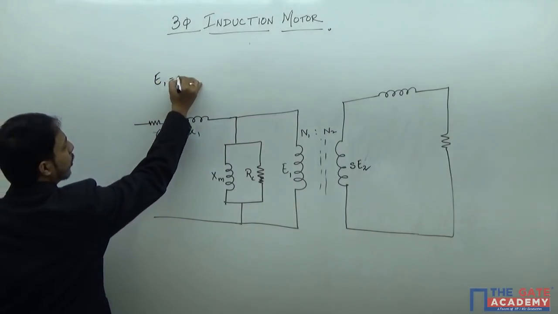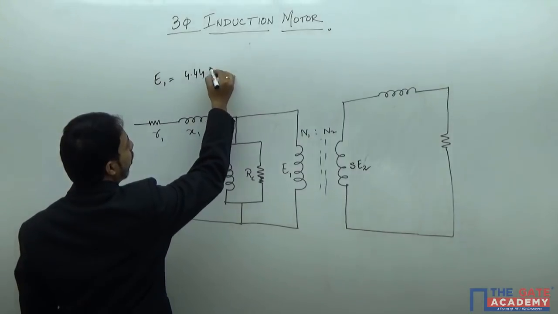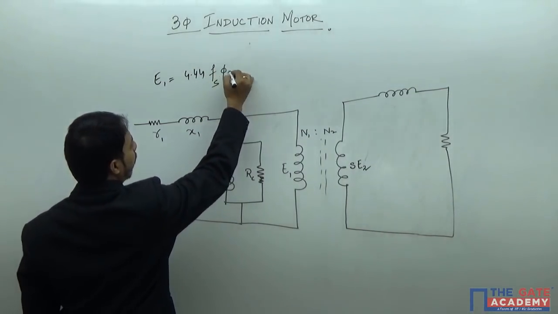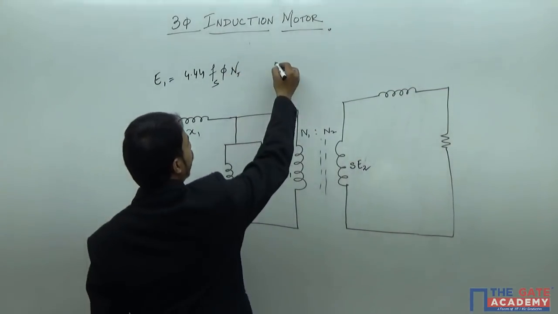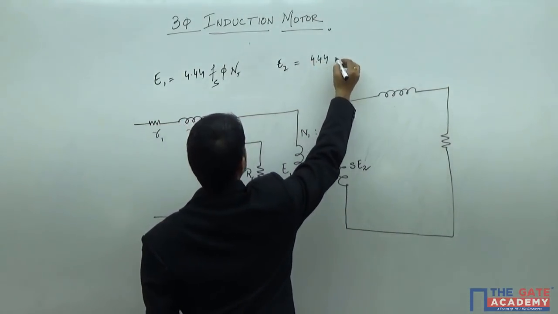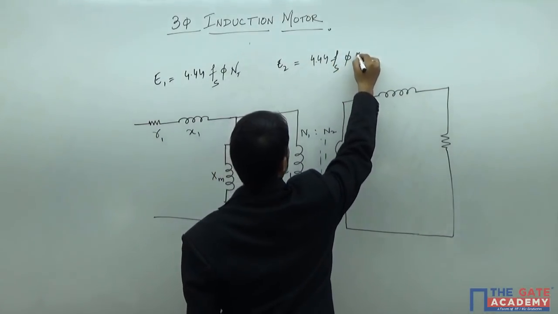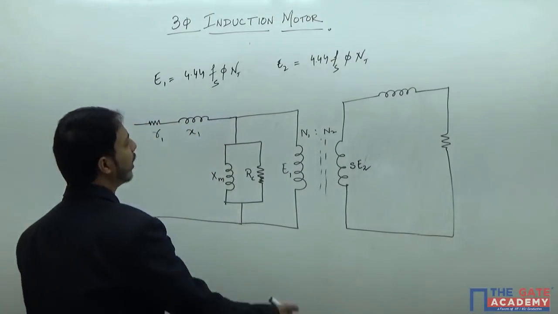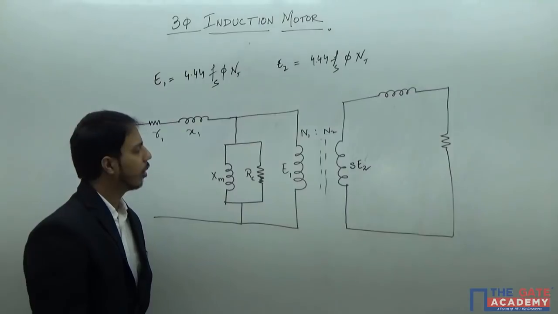We know E1 is 4.44, the RMS value, phi S, F, number of turns, and T. Similarly, E2 is 4.44, phi S, and turn. Now this F is nothing but the supply frequency.